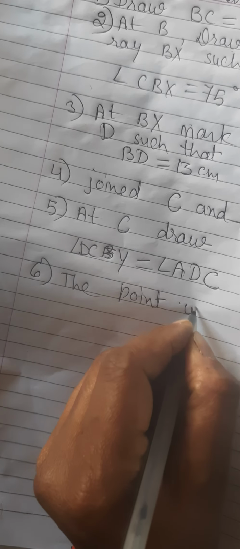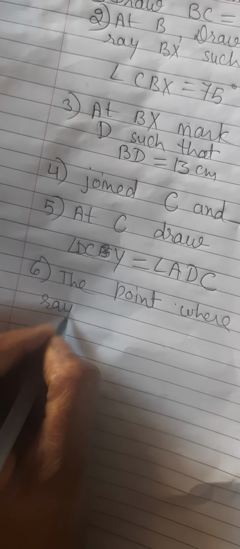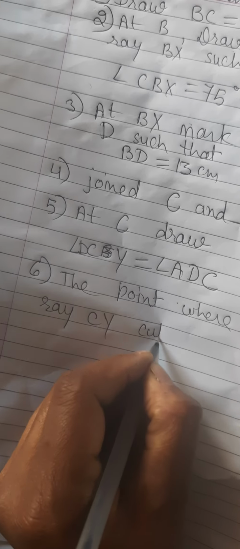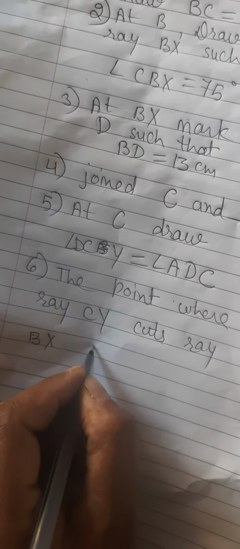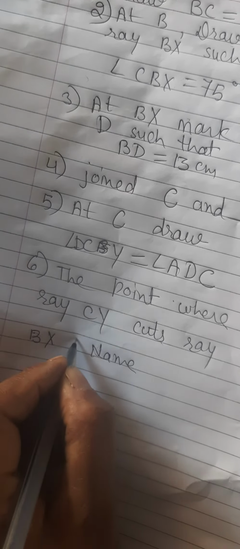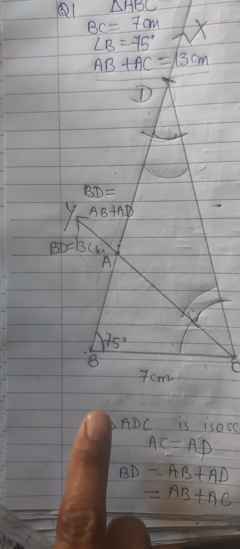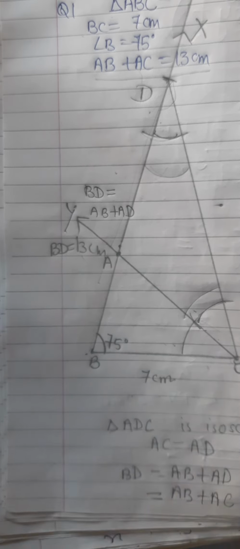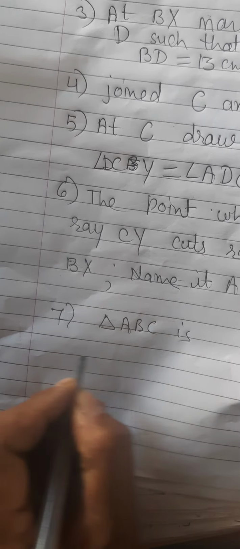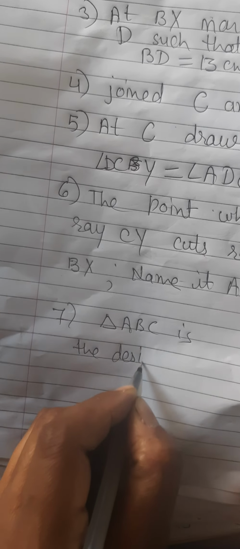And then the point where ray CY cuts or intersects ray BX, name it A. The point where ray CY intersects BX or BD, name this point A. Then ABC is the desired triangle. These are the steps of construction.